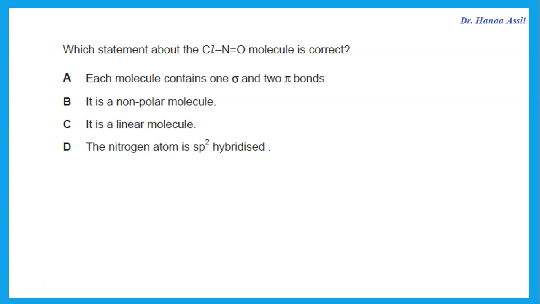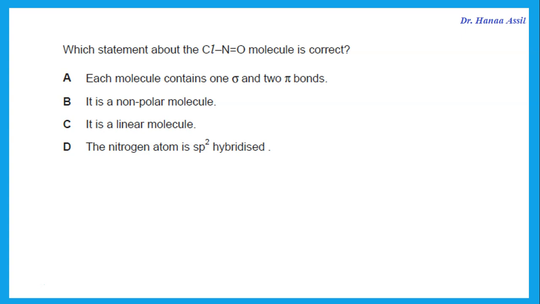Which statement about this molecule is correct? Okay, let's take a look. The first choice says each molecule contains 1 sigma and 2 pi bonds. No, because when the nitrogen makes a double bond with the oxygen, the double bond is actually 1 sigma and 1 pi. And then there is another sigma with the chlorine. So actually that molecule has 2 sigmas and 1 pi.